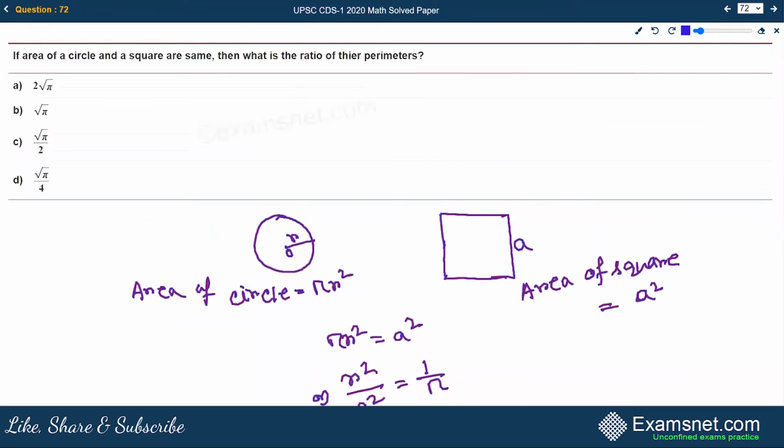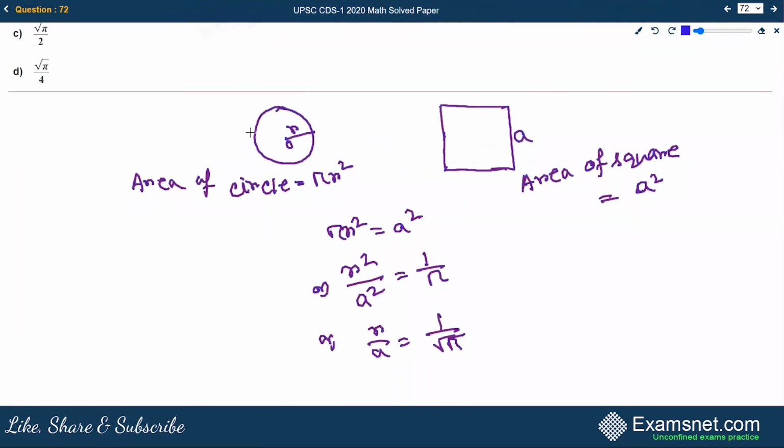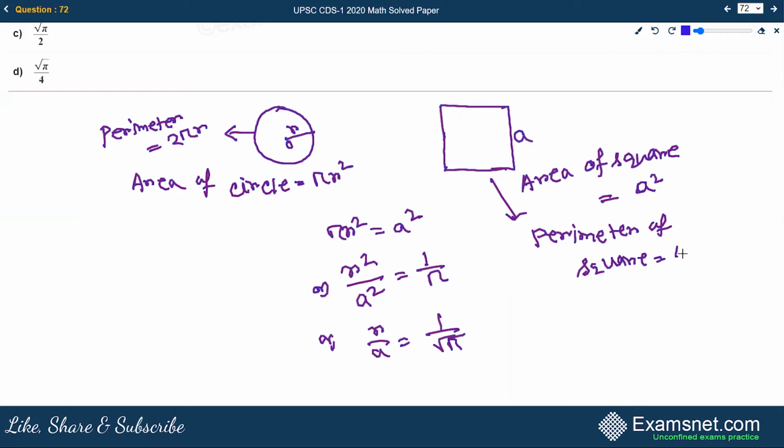Okay, now what is the ratio of their perimeters? The perimeter of a circle, that is the circumference of the circle, is 2 pi r, and the perimeter of a square, the formula is 4a.